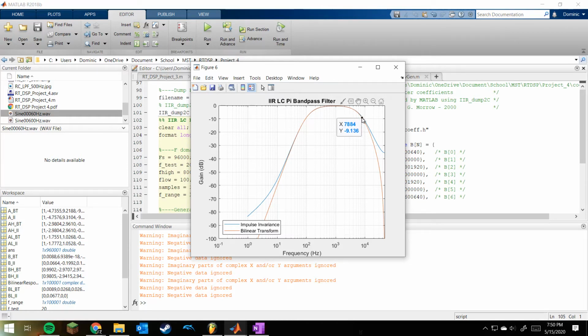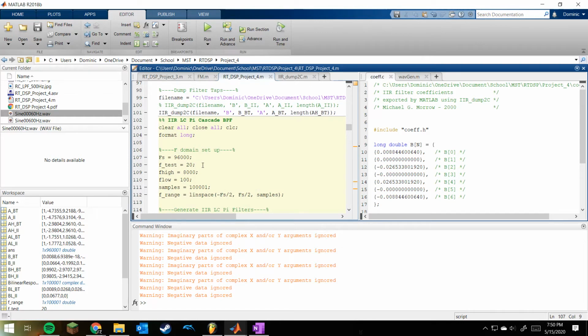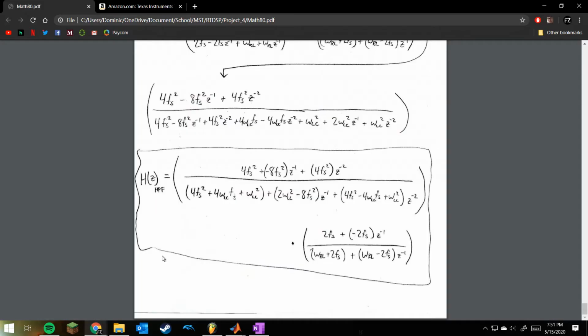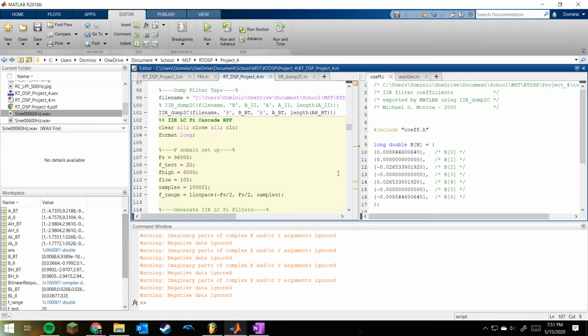Yep, and it's negative 9 dB because we have the initial RC filter, which is negative 3 dB, and then the LC filter, which might also be negative 3 dB, but it might be negative 6, because I think that LC filter was second order, if we recall. If we go back to the theory, pretty sure it was second order. Yeah, it's a second order filter. So it's twice as angry or aggressive at the attenuation.